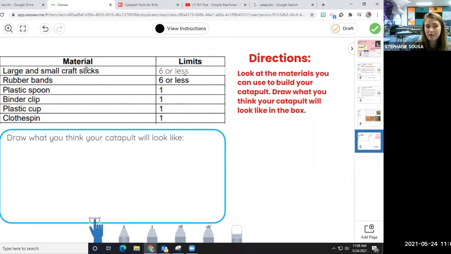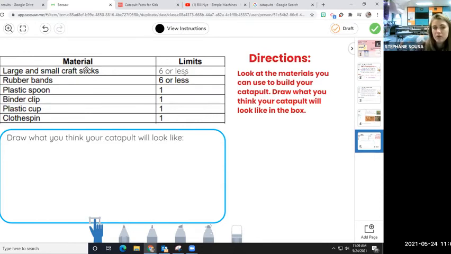You should have a plastic spoon. You should have a binder clip. And some of you have asked me what a binder clip is. This is a binder clip. You should also have a plastic cup, and you should also have a clothespin.